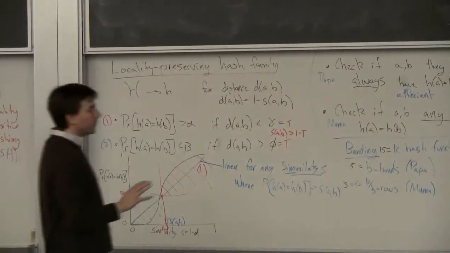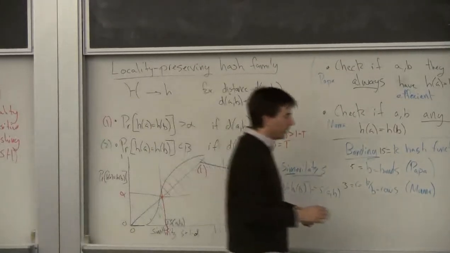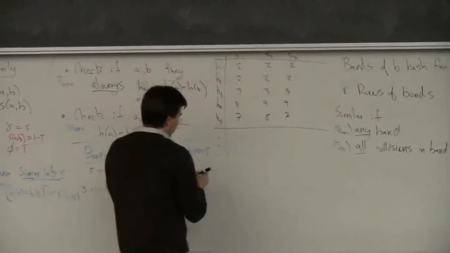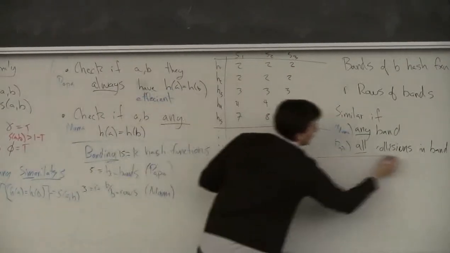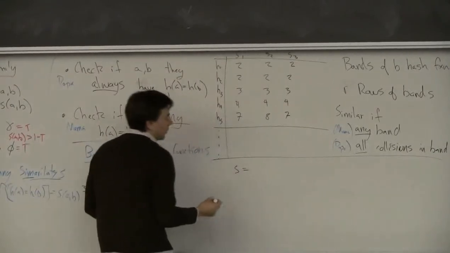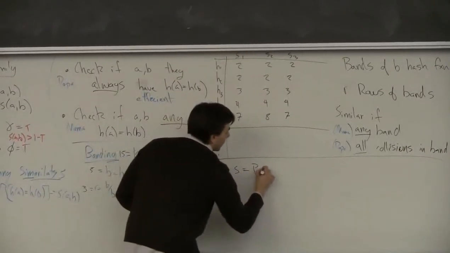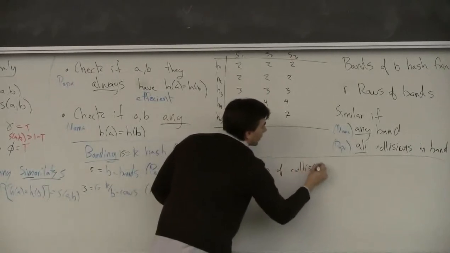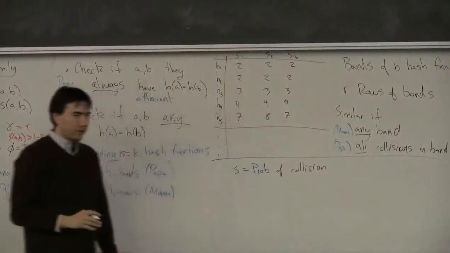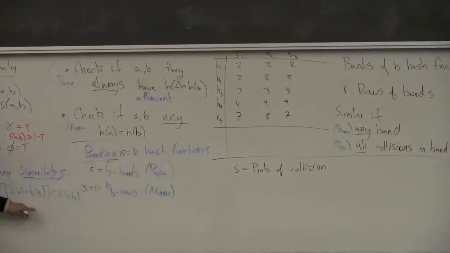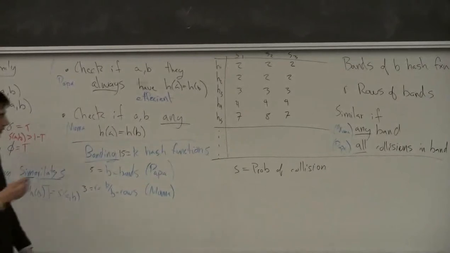Let me try and look at this a different way by walking through how the probabilistic argument works here. I'm going to start using the Jaccard similarity, so S is going to be equal to the probability of collision. The similarity is the probability of collision, so I'll be sticking to this case.